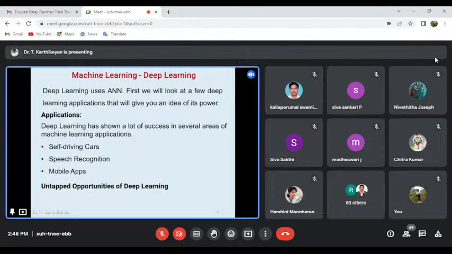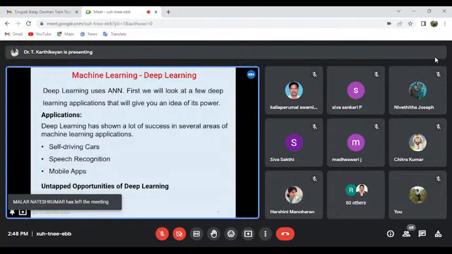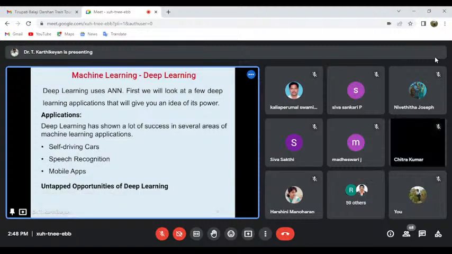In some Apple mobiles, as we have seen, our voice can open the phone. Nowadays almost all mobile phones have it. This technique is called speech recognition, and it is designed based on deep learning technology.